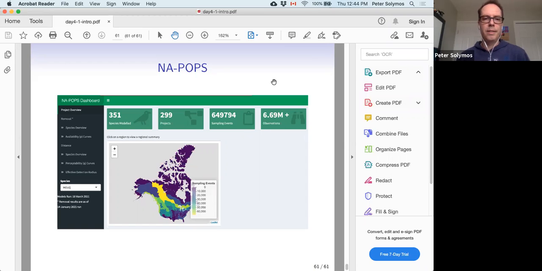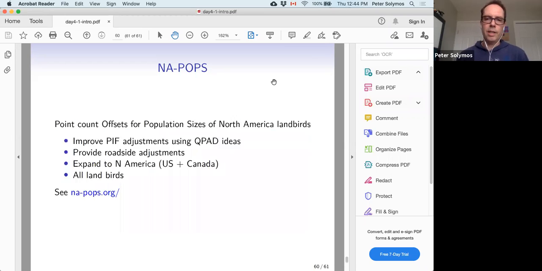So this follows the same logic as QPAD, but now we are looking at also roadside based adjustments, which is going to be really crucial if you want to combine roadside surveys with non-roadside surveys, which are more prevalent in the US. Lot more roads and a lot more reliance on BBS type surveys.